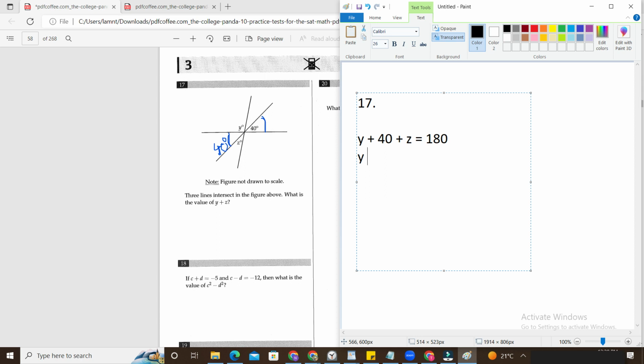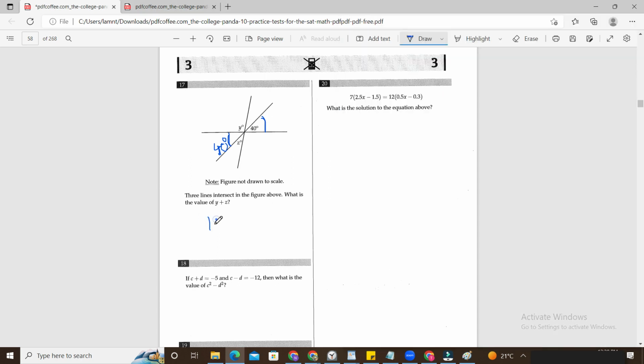Therefore y plus z is 140. So the answer for 17 is 140.